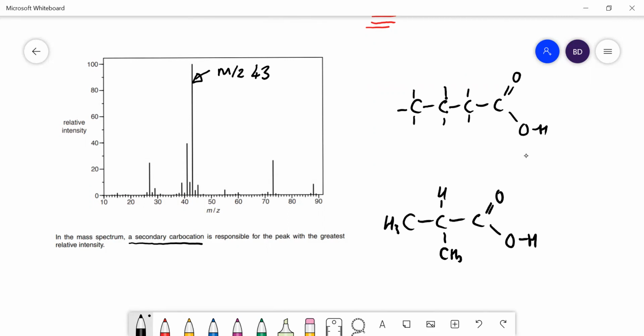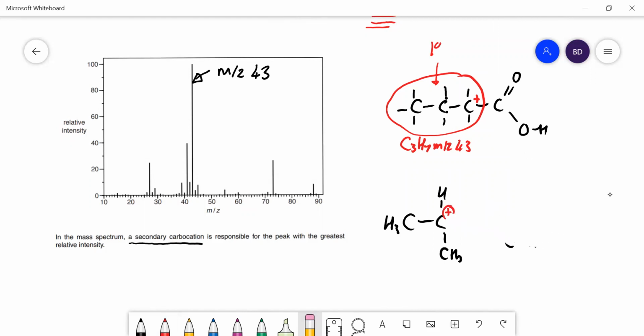Now, if we look at a fragment here, this could give us a fragment, C3H7, and that would give an MZ of 43. But that fragment would have a positive there, so it wouldn't be a secondary carbocation. That would be a primary carbocation. So that's not it. So for the secondary carbocation, let's put the plus on there this time and say that we lose all of that. The bond breaks there, and that would also have an MZ of 43, and it is a secondary carbocation.